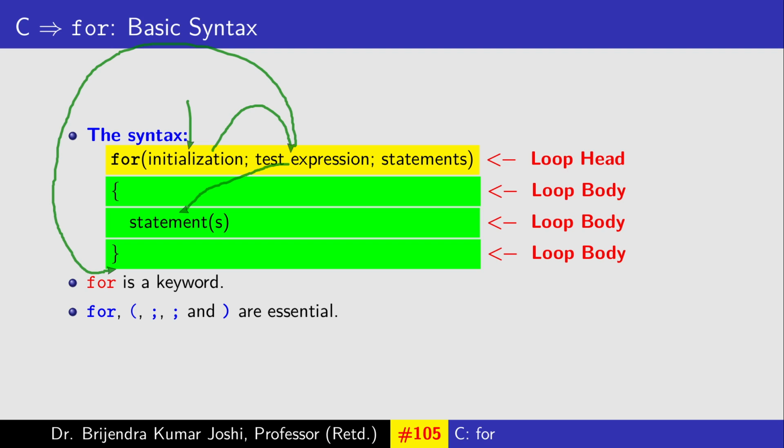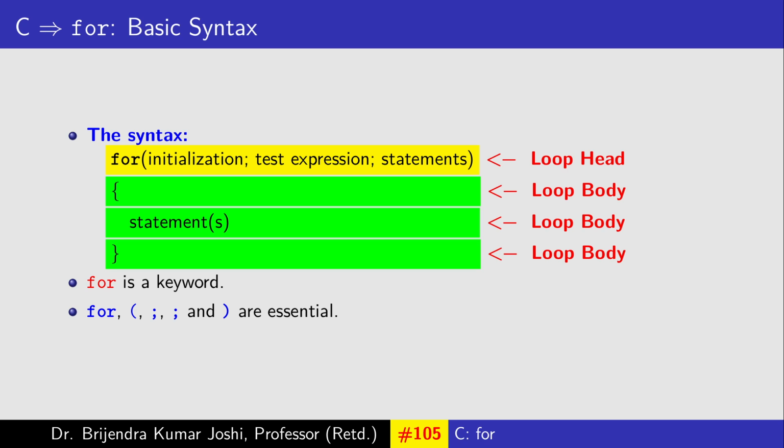If it is true, it executes the body, and after this it goes back to the third element, that is, it executes these statements. After finishing execution of these statements, it comes back to the test expression. If it is again found true, it will enter; otherwise it will exit from here and exit the loop.